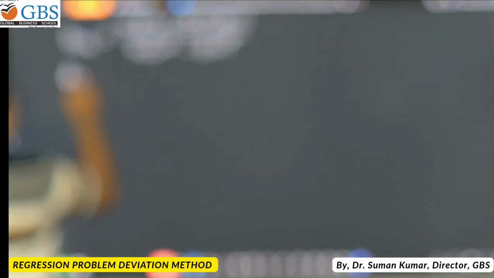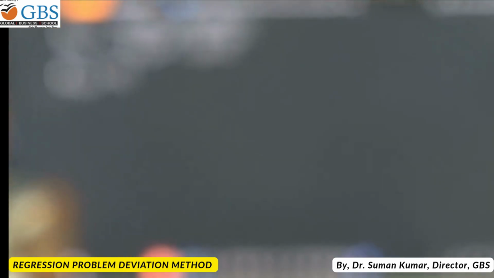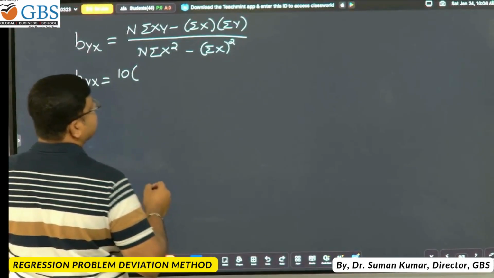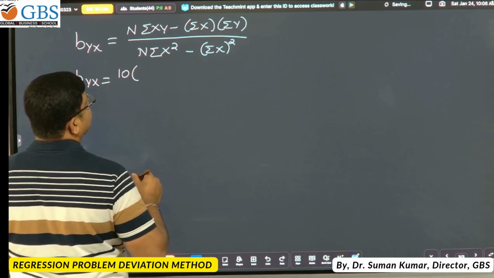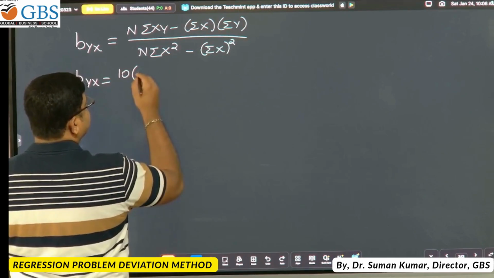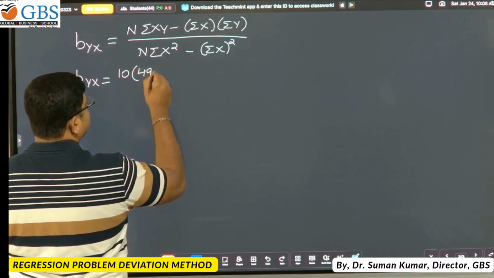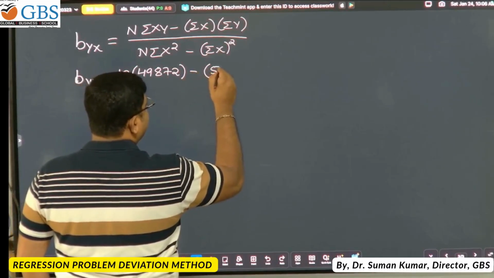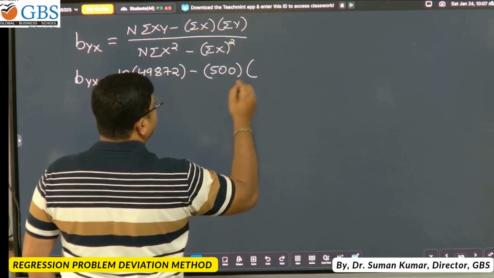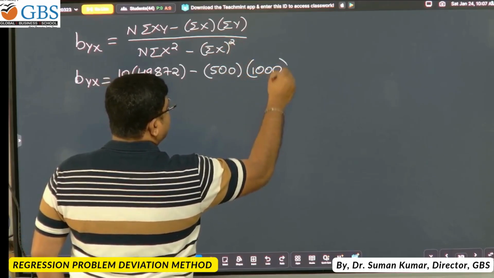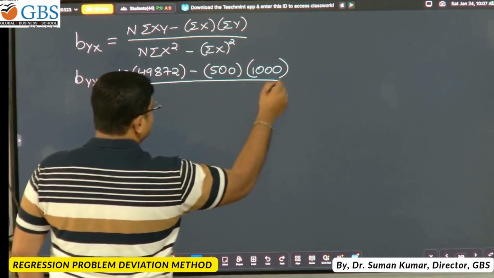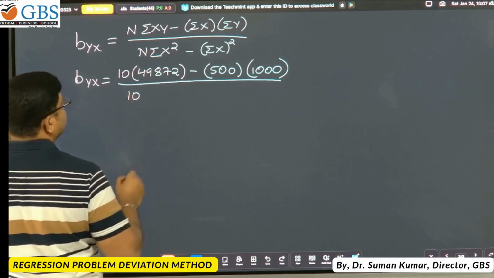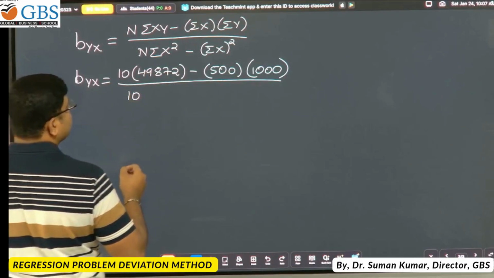Substituting the values by using the table, n is number of items, numerator remains same as before. What is summation xy? Summation xy is 872 from the table. Summation x is 500 from the table. Summation y is 1000. Just I am substituting the value from the table. Again n is 10. Summation x square, can you please help me?